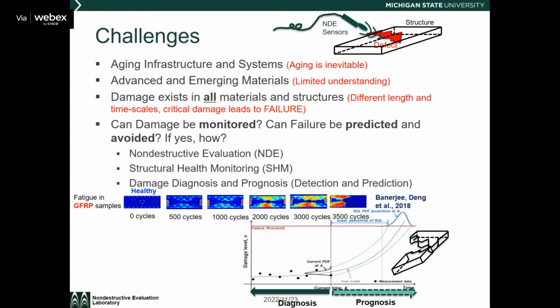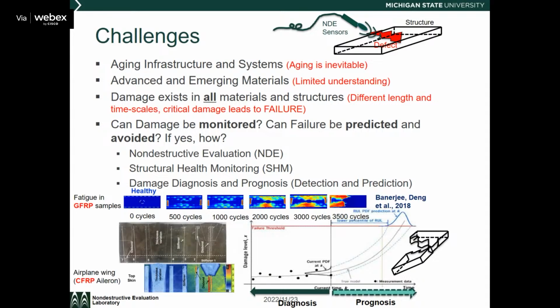You can see the damage change over time from 0 cycles to 3,500 cycles. You can also see for the carbon fiber polymer samples that we use ultrasonic measurement to understand how the damage changes over time using a colorful representation of the data, where we deal with a lot of imaging and data processing in this course.